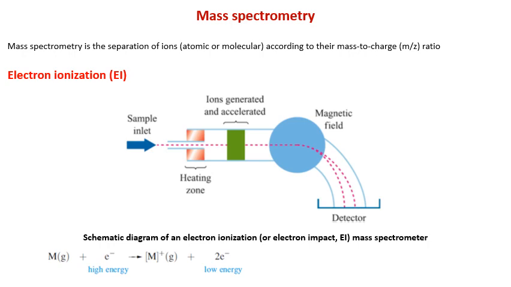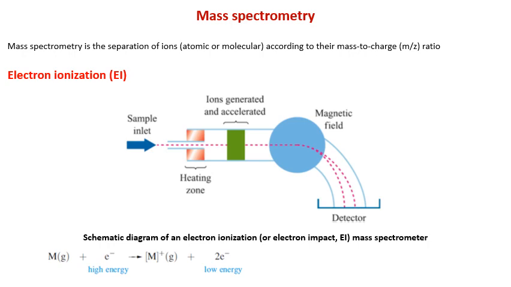The energy of the electron used for the bombardment is much greater than the covalent bond energy and thus causes fragmentation of the parent molecule. What happens is that in the EI technique, the energy used is much higher than the covalent bond energy of the analyte molecule, and therefore fragmentation takes place. Thus, in addition to the molecular ion peak or parent ion peak, which is capital M plus, in the EI mass spectrum fragments are also produced.